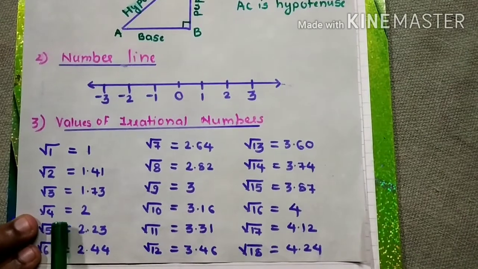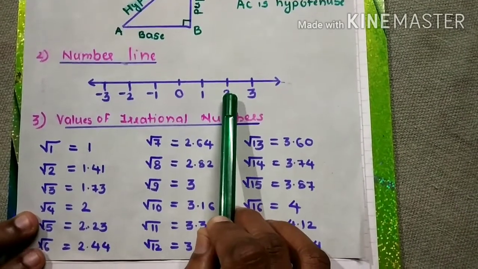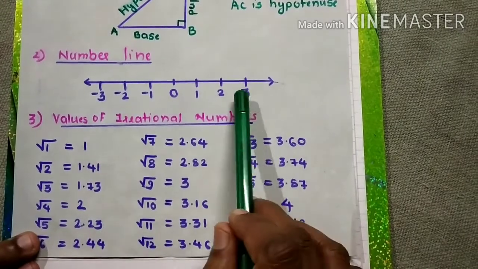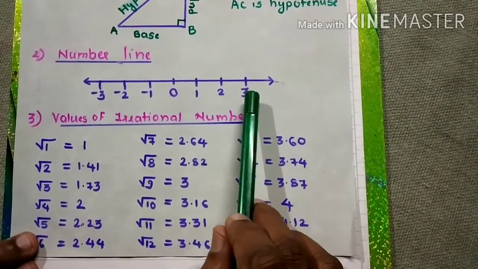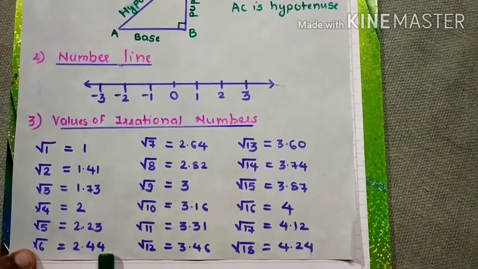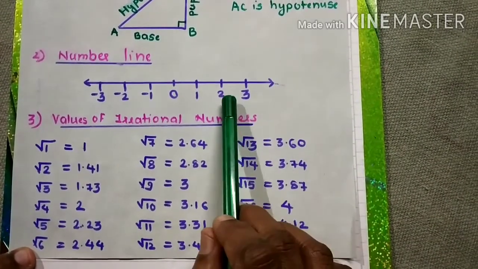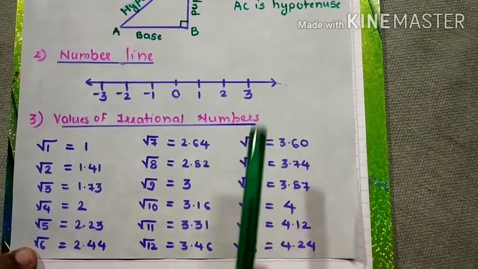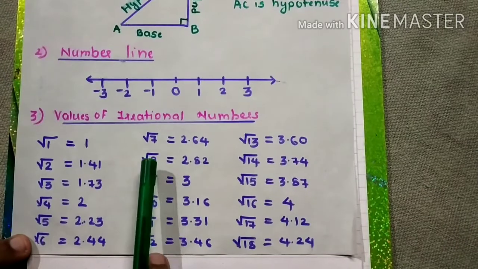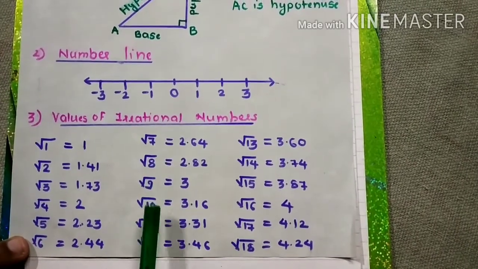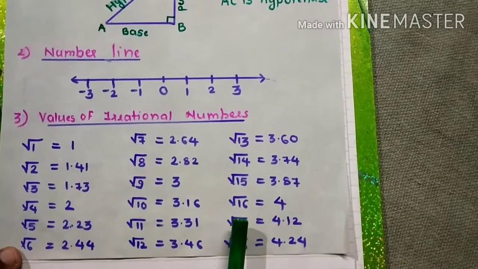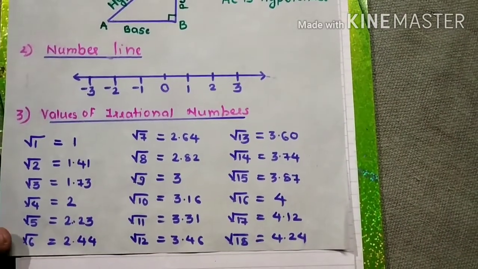Then value of root 4 is 2. Like that, value of root 5 is 2.23. So this will come between 2 and 3. The value of root 6 is 2.44. So this will come between 2 and 3. Like that, I have written values of root 7, root 8, root 9, root 10, root 11, root 12, root 13, root 14, root 15, root 16, root 17, root 18.